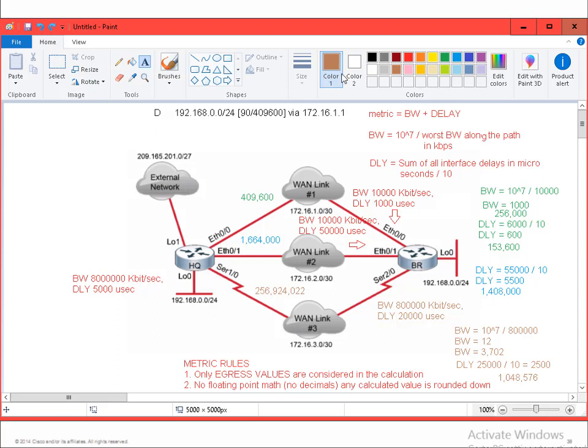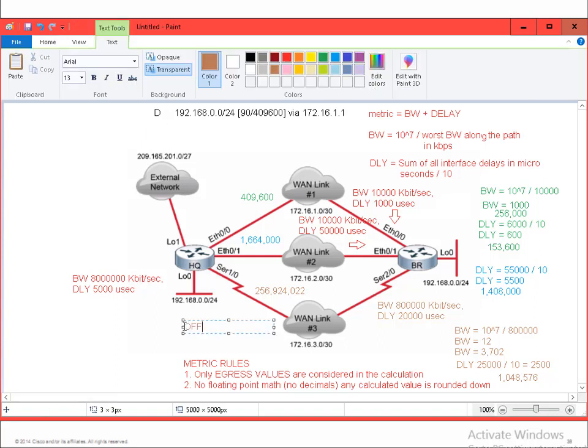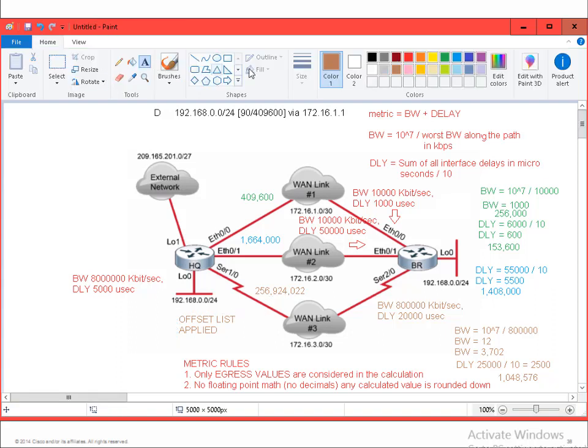Actually, I'll just make a note here: offset list applied. So if you're looking at this later on and trying to figure out how the heck did I get that number, because it doesn't match the rest of the formulas, we'll just put an offset list applied there.